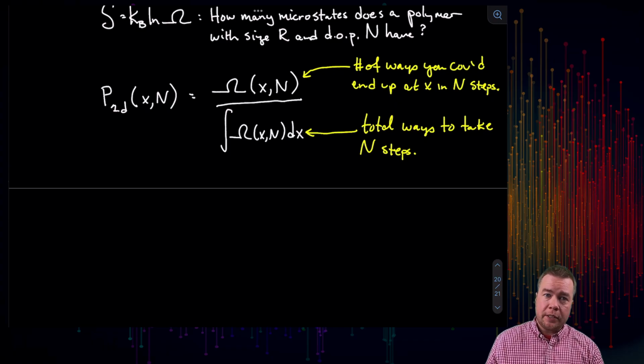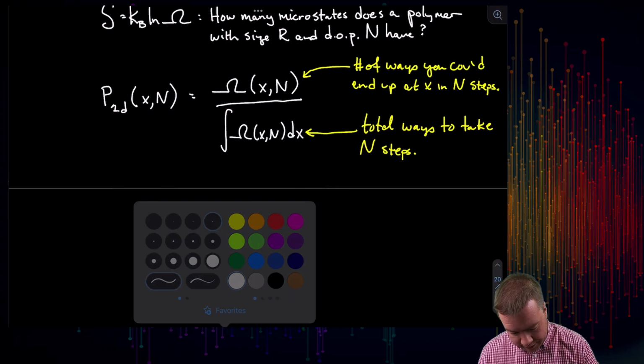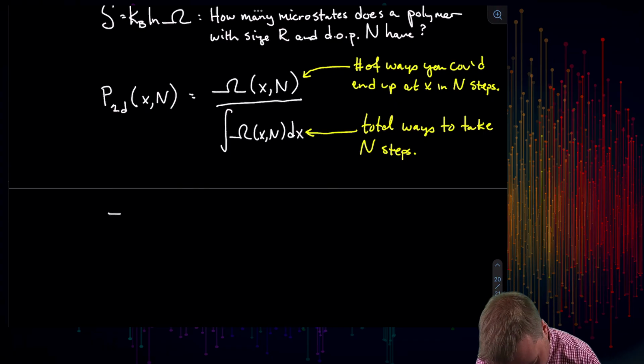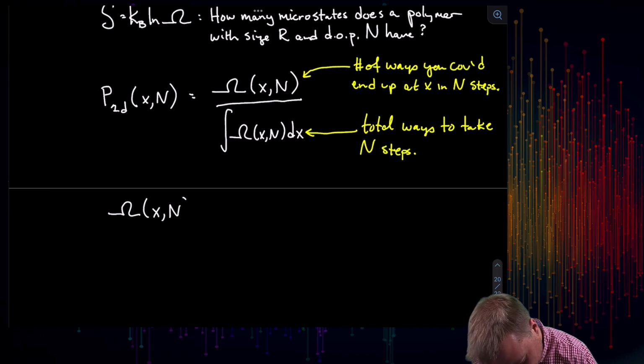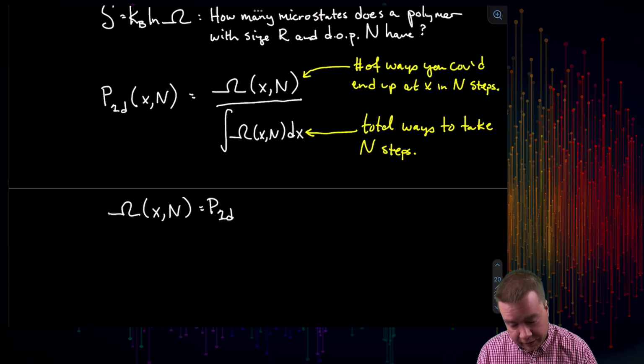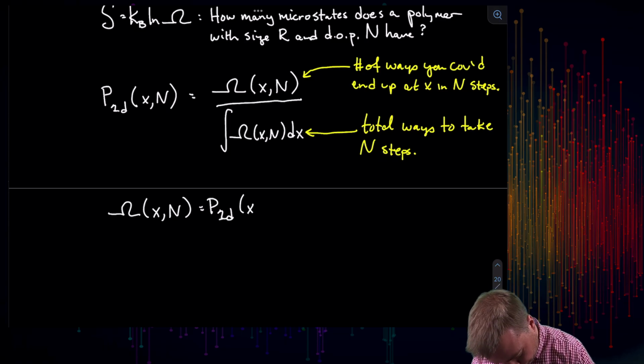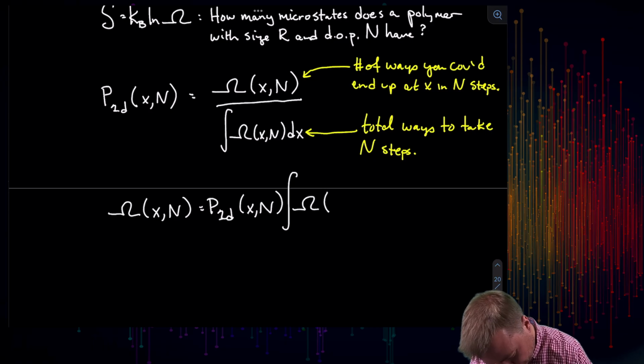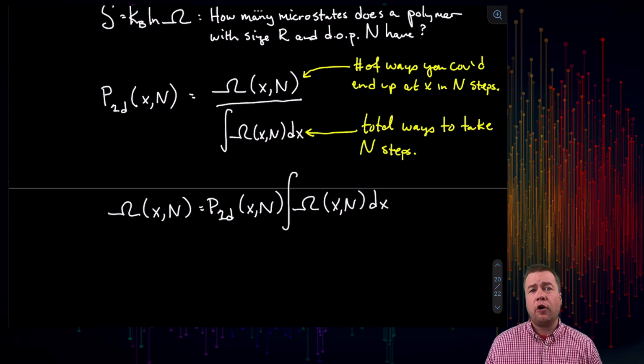So the trick that we're going to use to calculate the free energy of the polymer chain is to rely on the fact that the number of microstates for this random walk for position x in n steps is going to be the same thing as the probability function that we've already calculated for arriving at x in n steps, multiplied by this thing, the integral of the number of microstates for all positions x.